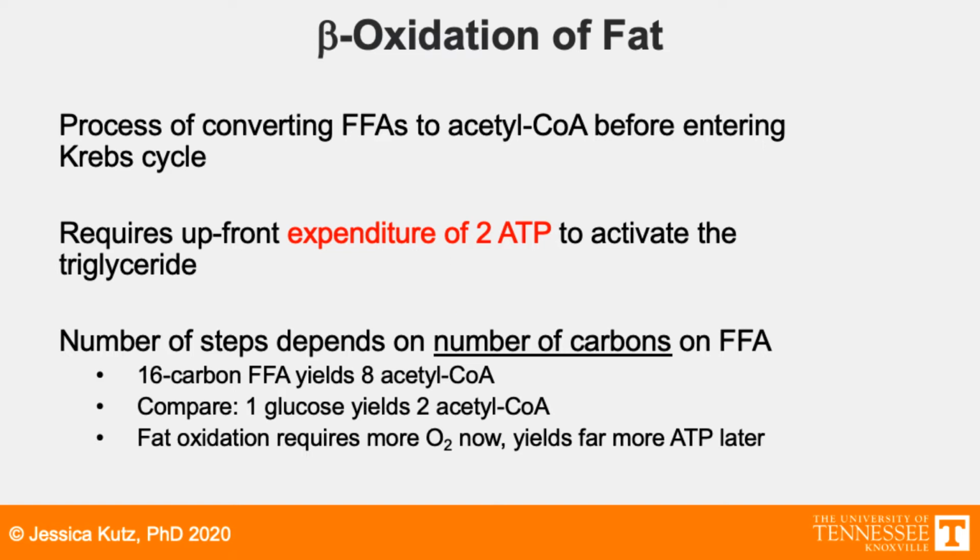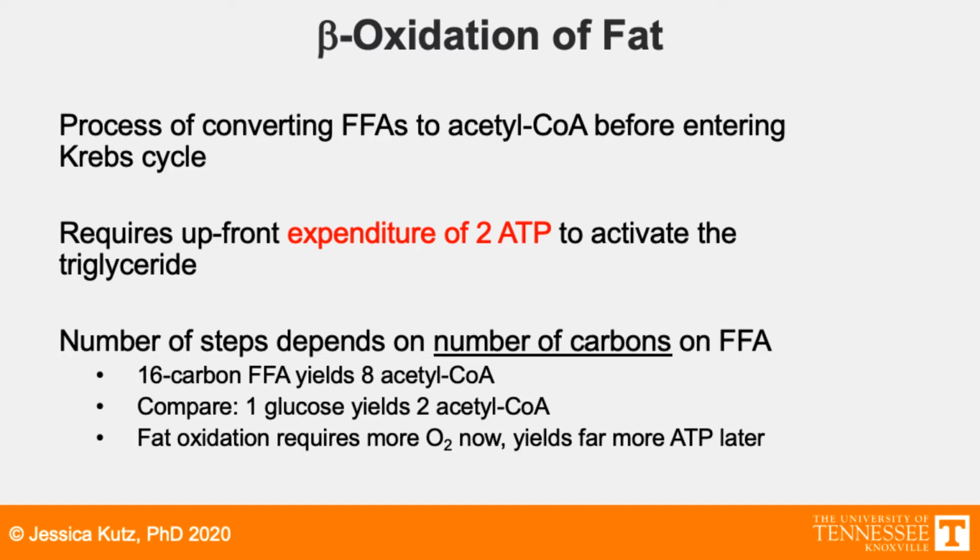Now, unlike with carbohydrate metabolism, where the number of carbons is always the same, so we're always able to estimate the number of ATP exactly, with a fat molecule, it's going to be dependent on the number of carbons, which is variable between each fat molecule. So in this case, the example is a 16-carbon free fatty acid, and it's going to yield 8 acetyl-CoA molecules after it goes through beta oxidation.